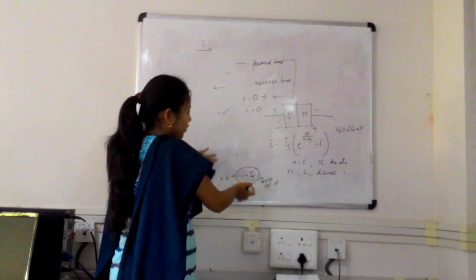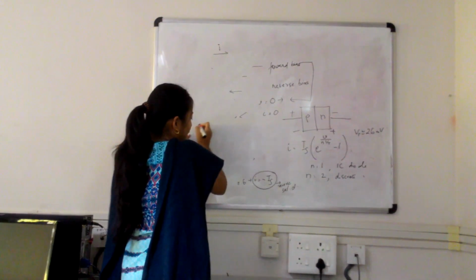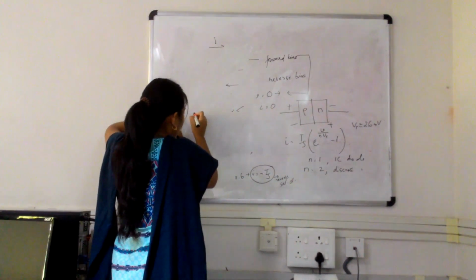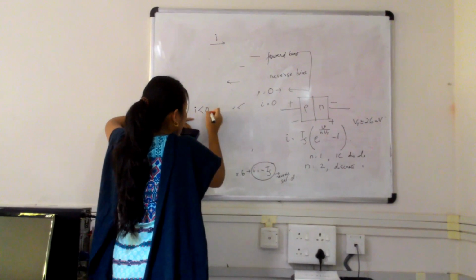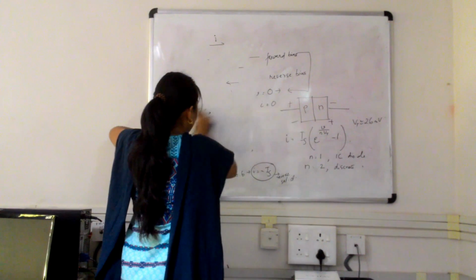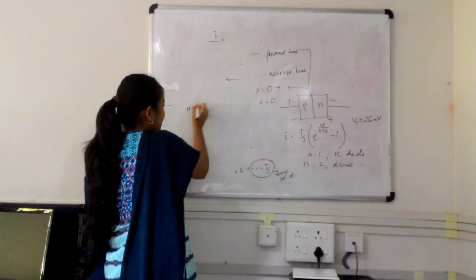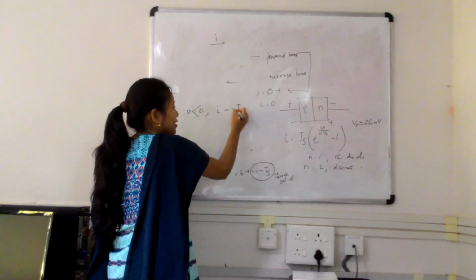Okay, now for this thing, the condition becomes like, when V is less than 0, I is equal to minus Is.